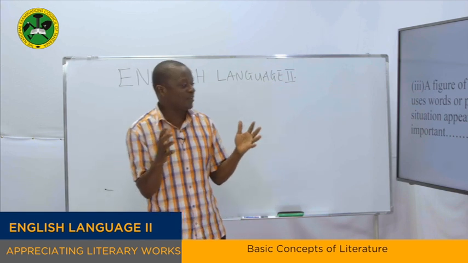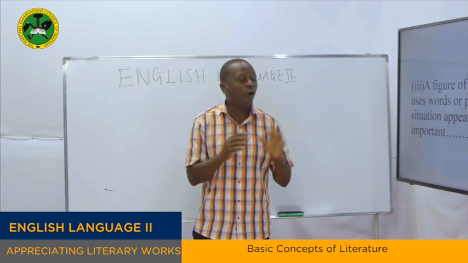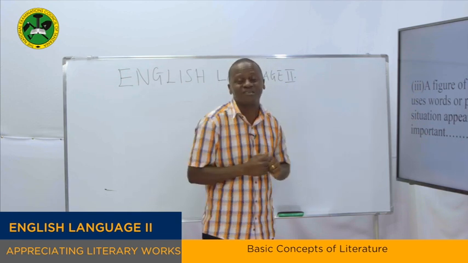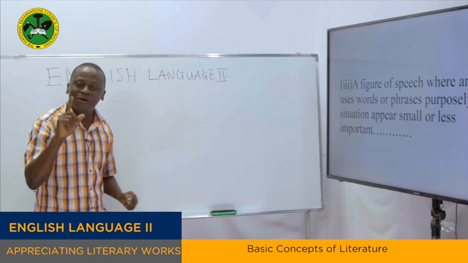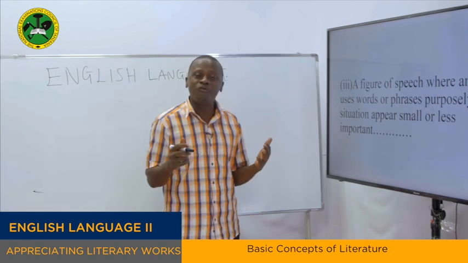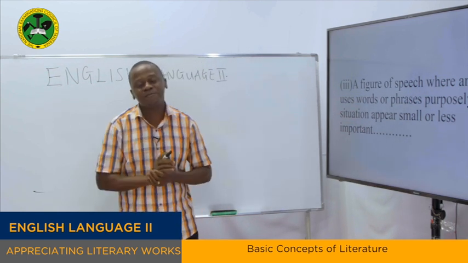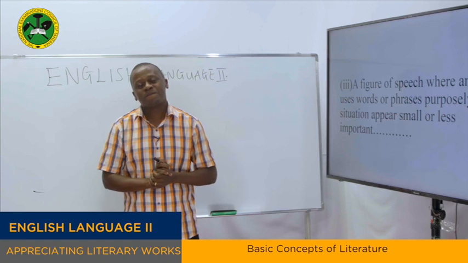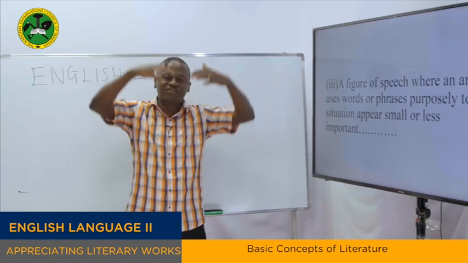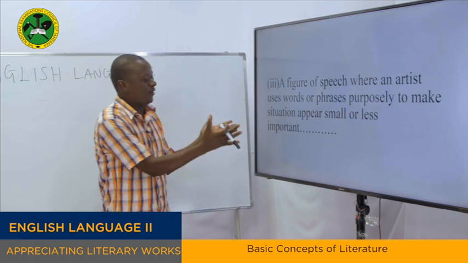And literature has its own rules, own terminology, own technical terms or literary terms. So you remember very well when I was explaining the concept of hyperbole, the concept of understatement, the concept of overstatement. Now, which one now here?